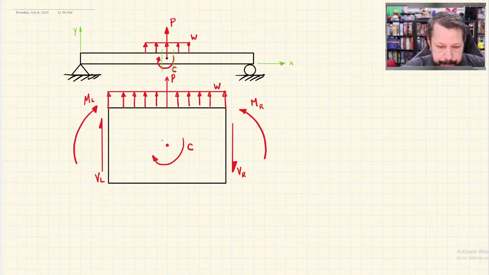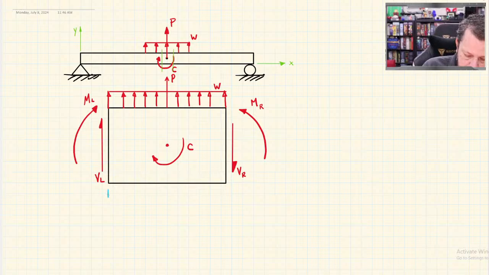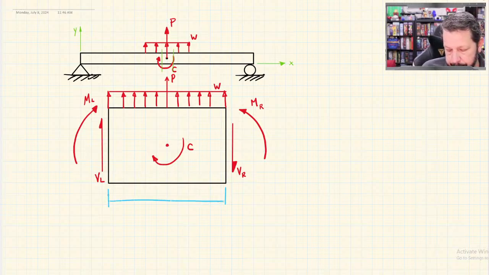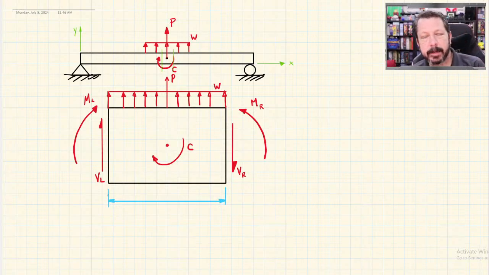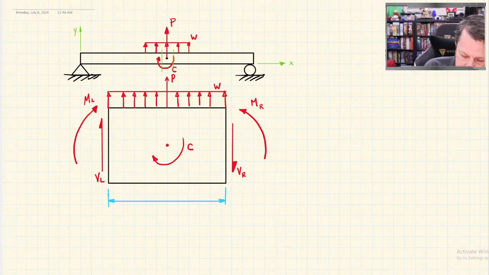Let's see. Also, I have a width here. And since I'm trying to do something kind of generic, and I want it to develop an equation or a set of if-then statements at a single point, I'm going to call this delta x.